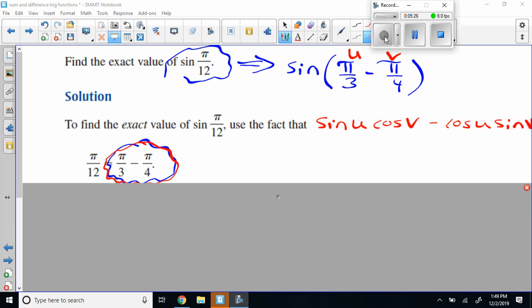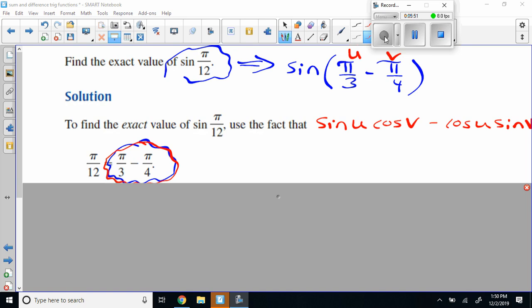Cosine, same thing, and tangent, same thing. So we're looking at sine of pi over 12. I'm going to tell you that's really pi over 3 minus pi over 4. Fair enough? So that's my u minus v. And that's what I put, u minus v, right? And if you substitute those things in, then we can do something with it.